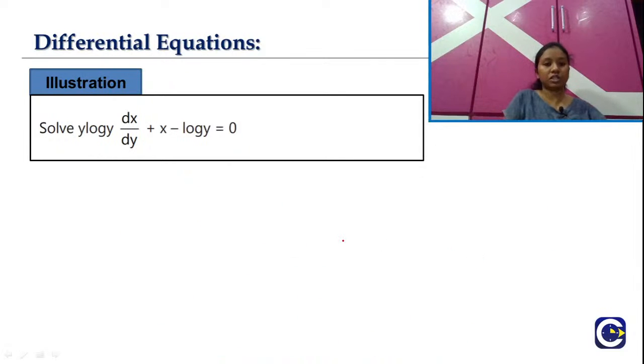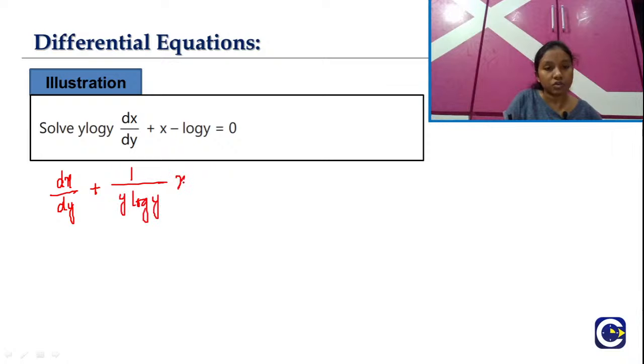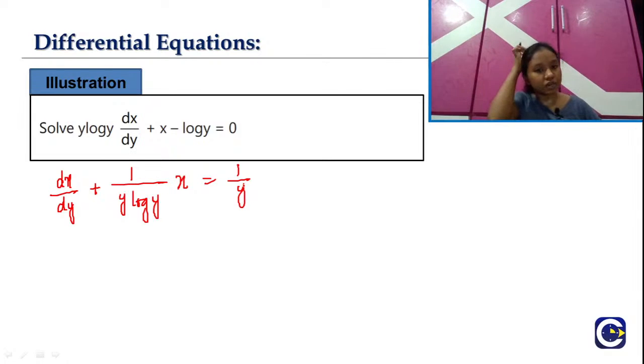I'll just write down the equation here. dx by dy plus 1 by y log y into x is equal to 1 by y. So this is our linear differential equation. So from here you can identify the p and q functions in variable y, and then you can find the integrating factor here.